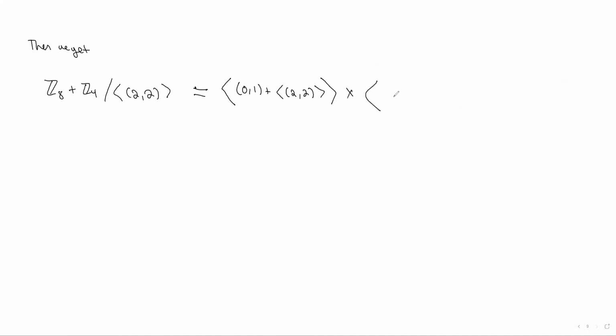So then we get Z8 plus Z4 mod ⟨(2,2)⟩. It's equal to an internal direct product of ⟨(0,1) + ⟨(2,2)⟩⟩, the subgroup it generates, times, and then you can do (1,1) + ⟨(2,2)⟩.